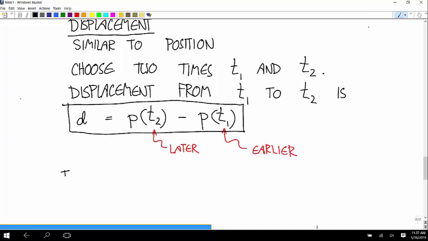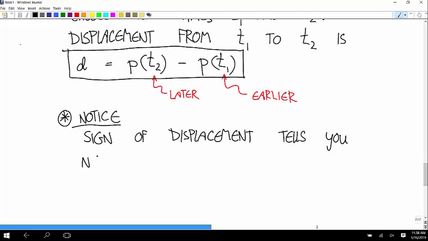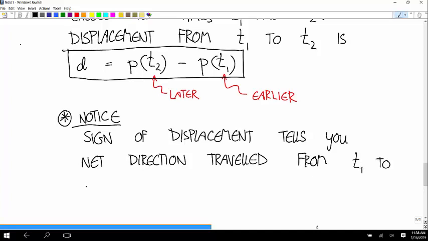So notice that the sign of the displacement tells you the net direction traveled from T1 to T2.